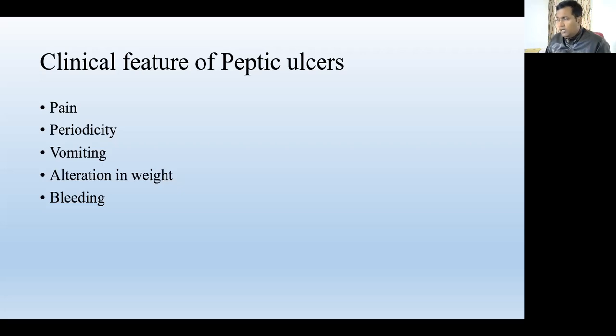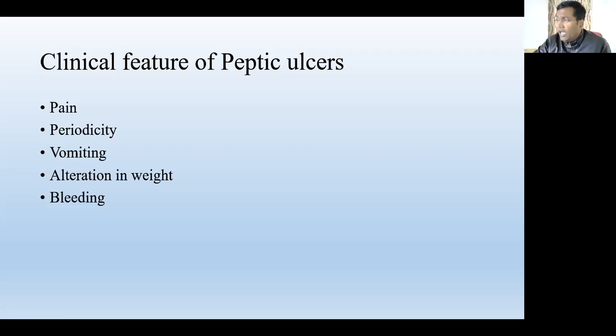Periodicity is the factor which is associated with the duodenal ulcer more, as patients with duodenal ulcer have a characteristic feature of periodicity.